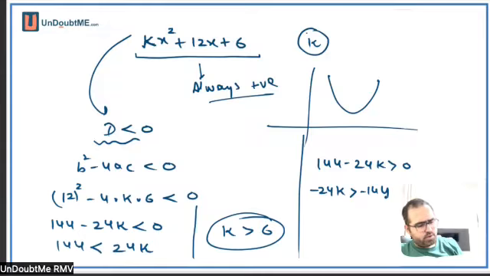B square minus 4AC, wait. This is fine. Less than 0. This will be K greater than 6.